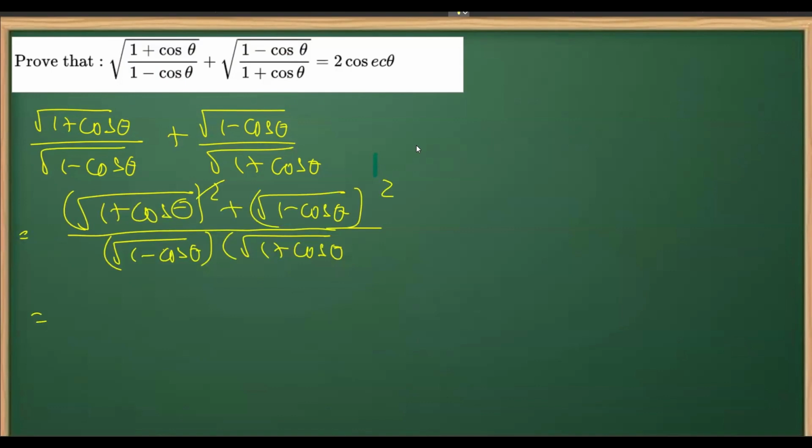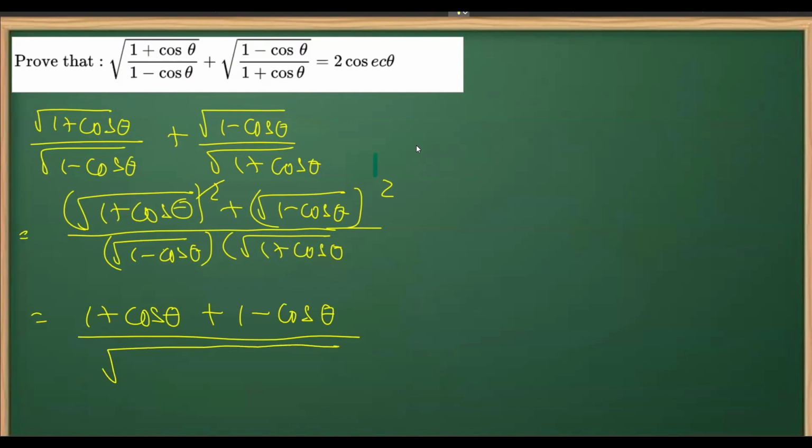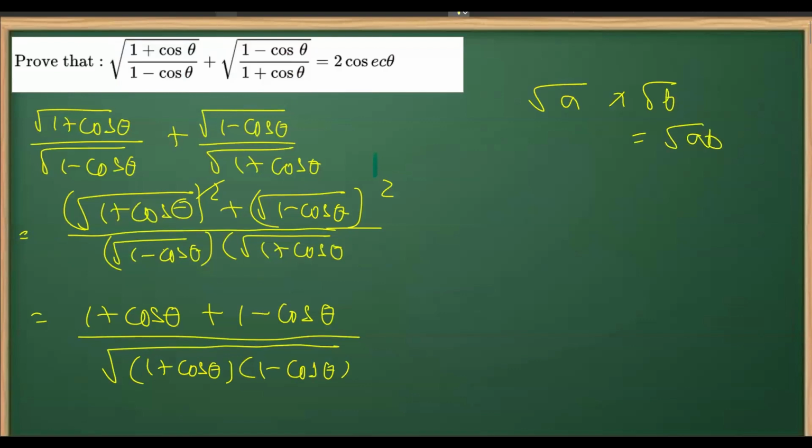The square and the under root cancel each other, so we'll get 1 plus cos theta plus 1 minus cos theta in the numerator. Now I can write this in a single root, as under root A into under root B is under root AB.